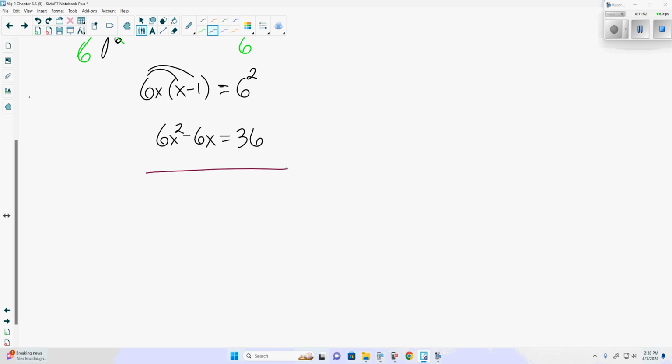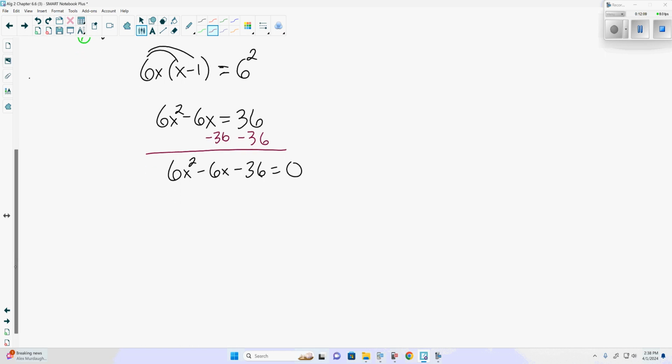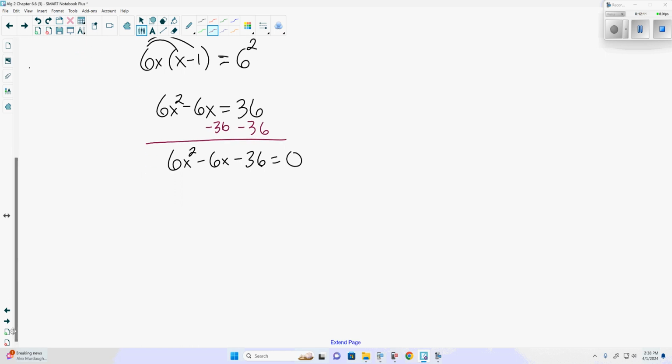Are you ready for the next step? So since we do have a quadratic and x squared term, we need to get this equal to 0. So we can subtract 36 from both sides, telling us that 6x squared minus 6x minus 36 is equal to 0.